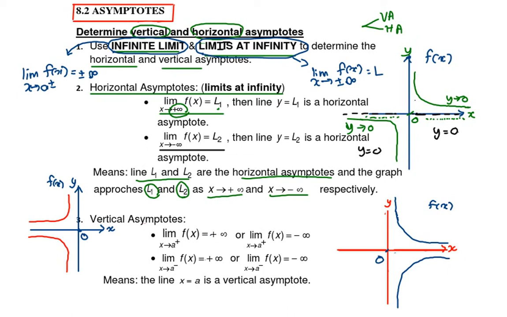Okay, now vertical asymptote. Limit as x approaches a from the right of f(x) equals positive infinity. We can refer to this graph. When x approaches a from the right, look at the graph here.